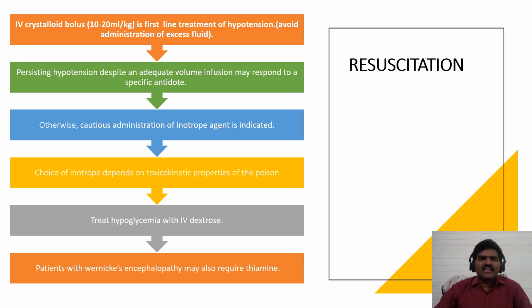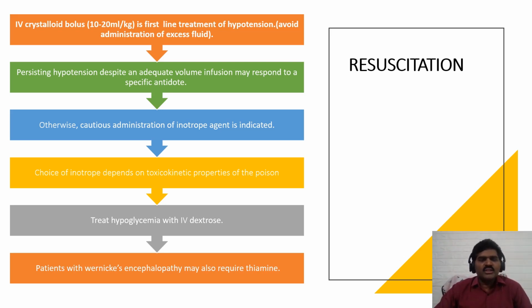IV crystalloids as boluses of 10 to 20 ml per kg is the first line of treatment for hypotension. Avoid administration of excessive fluids and overloading the system. Persisting hypotension, despite an adequate volume infusion, may respond to a specific antidote.